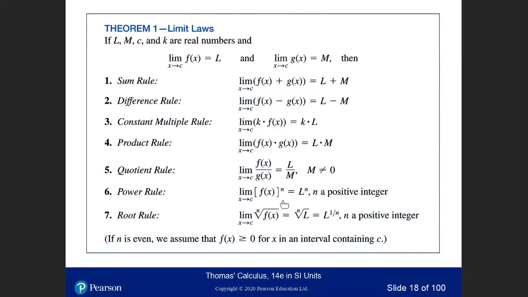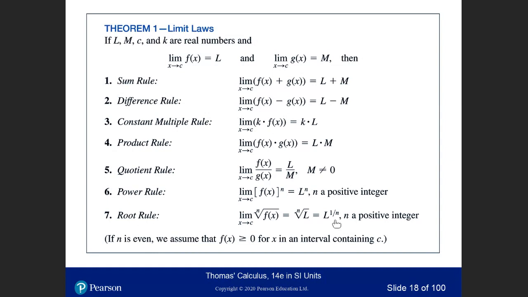For the power of the function f of x, the limit of the power of f of x is the power of the limit, for n a positive integer. Now, the nth root of the function has a limit that is the nth root of the limit, that is, L to the 1 over n.